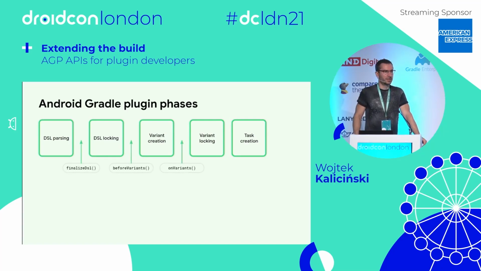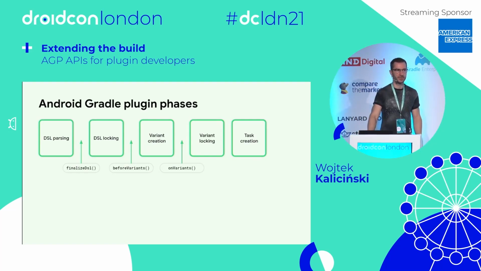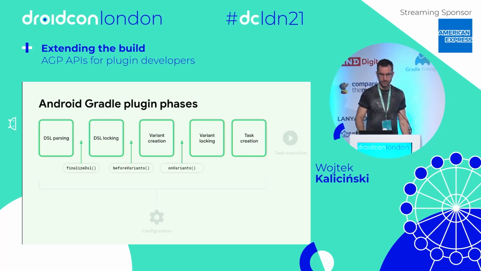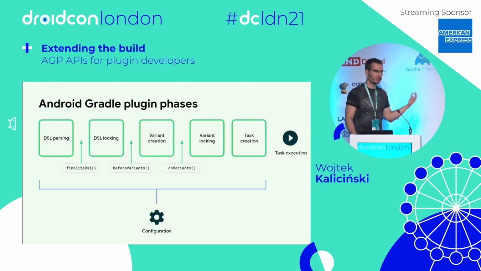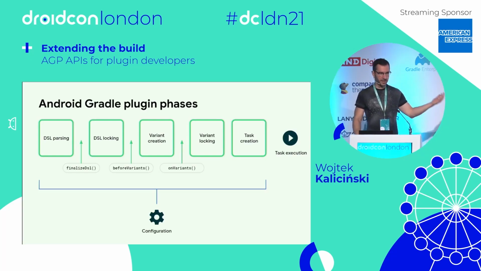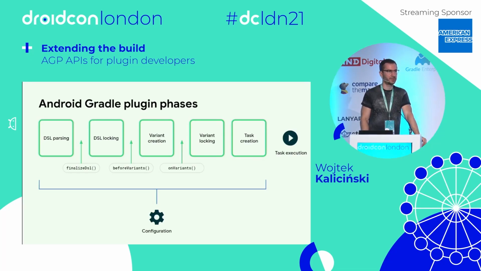With the new AGP versions and the variant API, we are offering specially made extension points for you to hook into any of these phases and influence what happens during that time. What's super important, again, is that all of this happens during configuration phase, and only after the tasks are created does task execution happen. So we're going to talk about the different ways you can defer things to happen later on.